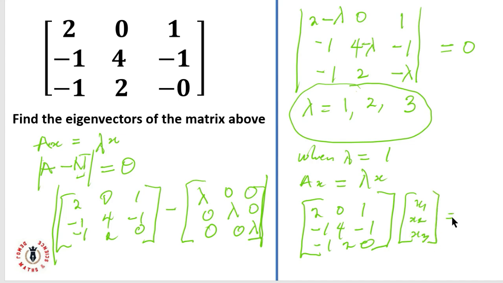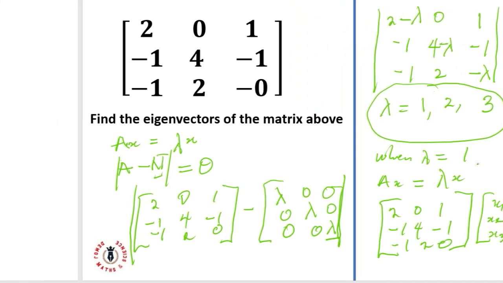We're saying that this is the same thing as lambda; when lambda is 1, this will be scalar 1 multiplying the vector x1, x2, and x3. This vector x is our eigenvector, and this is what we are now looking for.